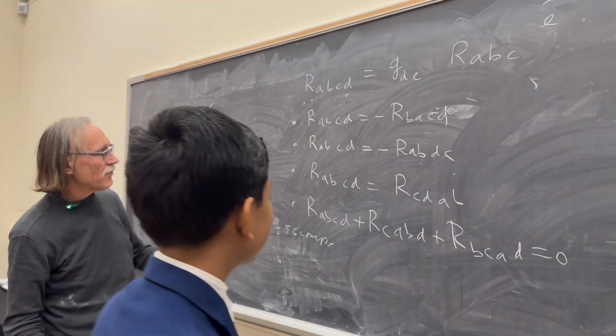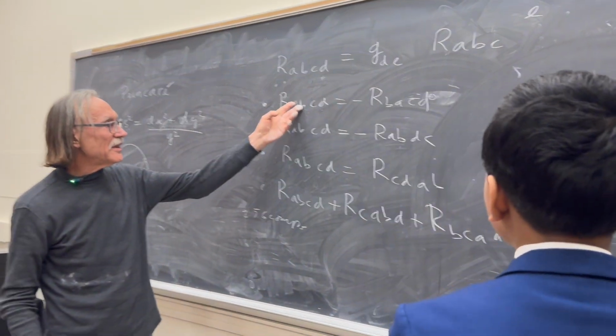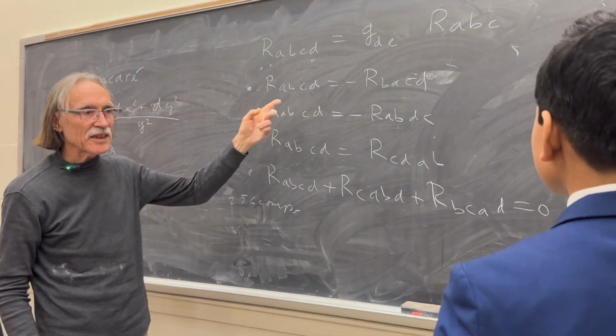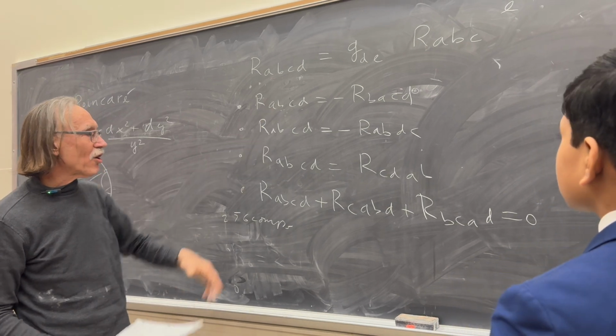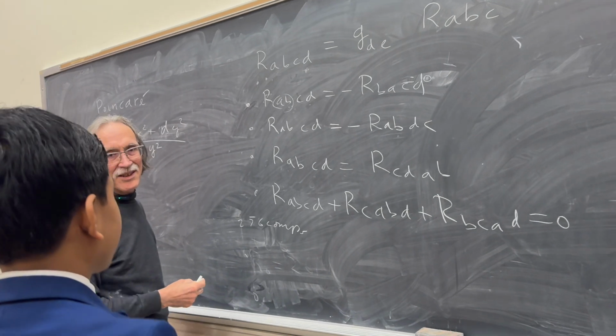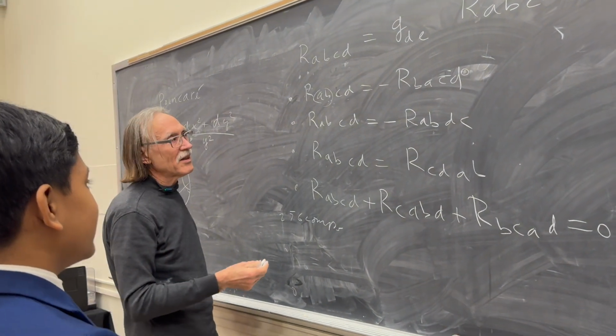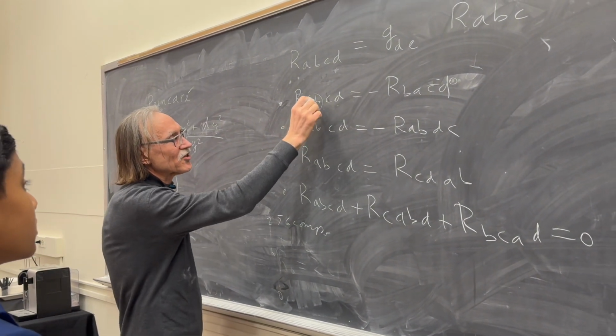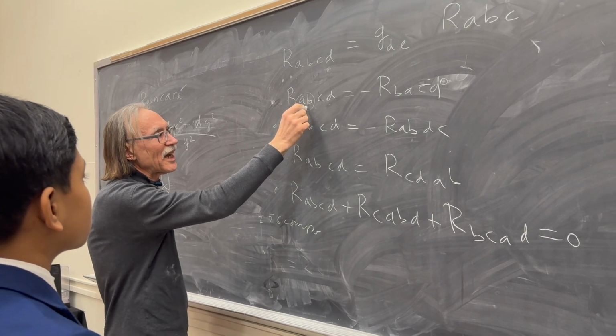Now, that's kind of nasty, honestly. This is symmetric and symmetric in this. So how many combinations are there if this is symmetric? How many independent combinations do you have of AB?